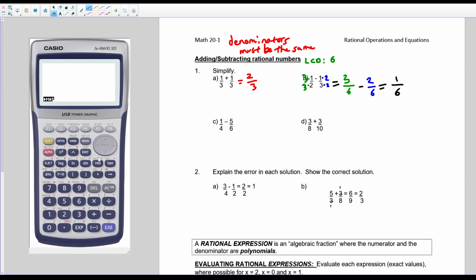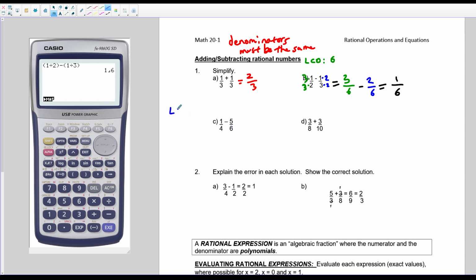Again, with the help of our calculators, we can go ahead and type it in ourselves to double check. So I got 1/2 minus 1/3, and that gives us this decimal, and simply pressing that button there, we get 1 over 6.